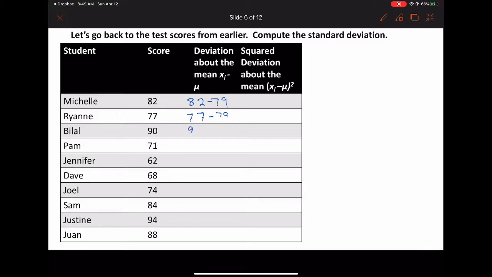So 90 minus 79. 71 minus 79. 62 minus 79. 8 minus 79. So do this with all of them.